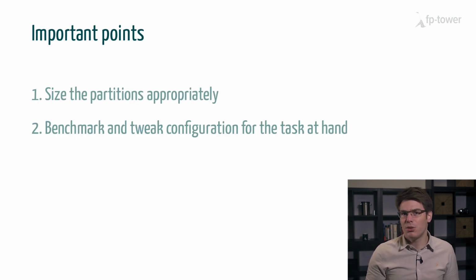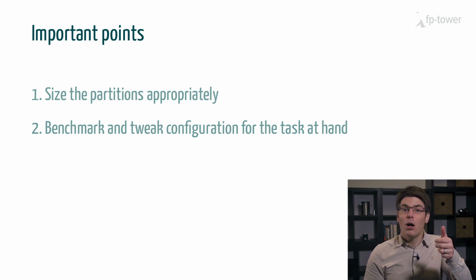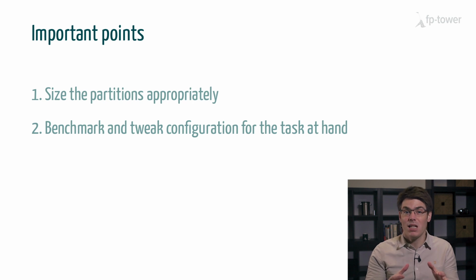Due to these unknowns, it's difficult to predict the performance of a distributed system. So we'll have to benchmark our implementation, and it will involve a lot of configuration specific to the task we are processing. There are some guidelines for this process, but I have to be honest with you. It will involve turning knobs until we arrive at the right settings for the task at hand.